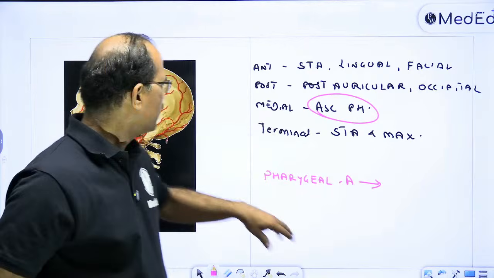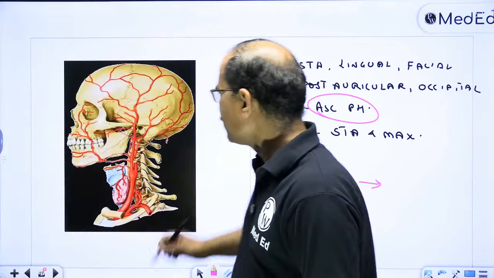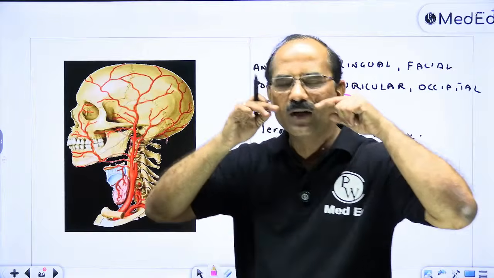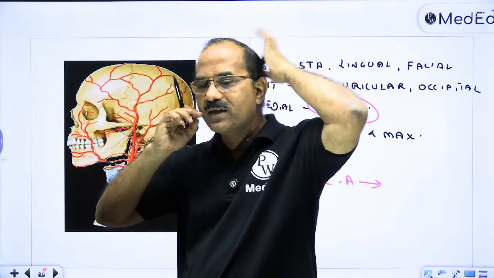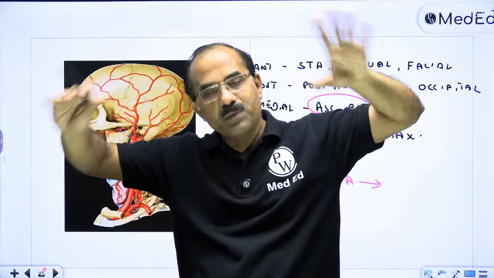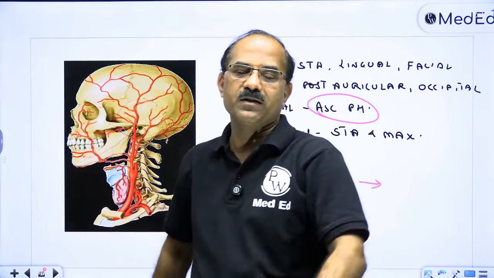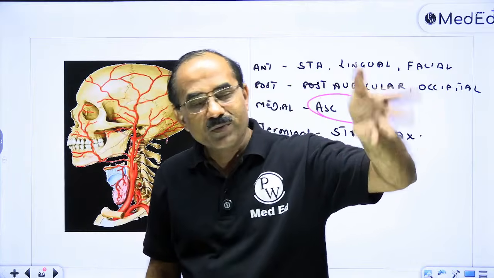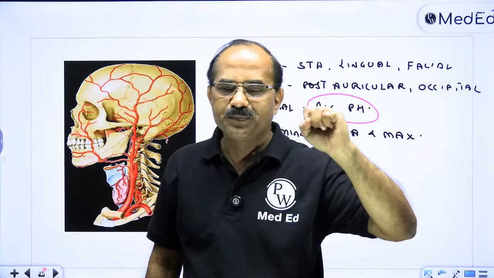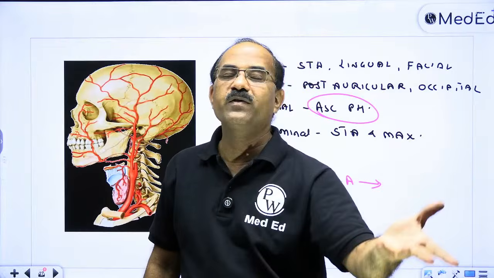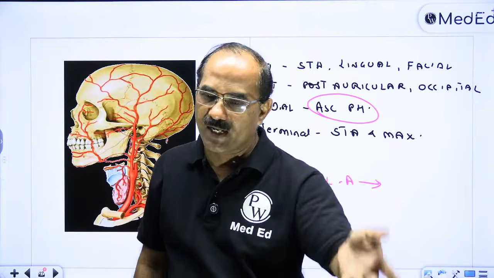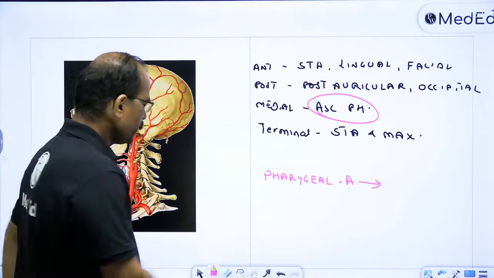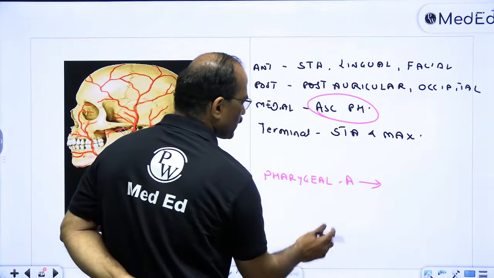वैसे ये जो maxillary artery है ना, this maxillary artery enters the infratemporal fossa. This maxillary artery is divided into 3 parts by lateral pterygoid muscle. जैसे axillary artery is divided into 3 parts by pectoralis minor, वैसे the maxillary artery is divided into 3 parts by lateral pterygoid, and the pharyngeal artery is a branch of maxillary artery.